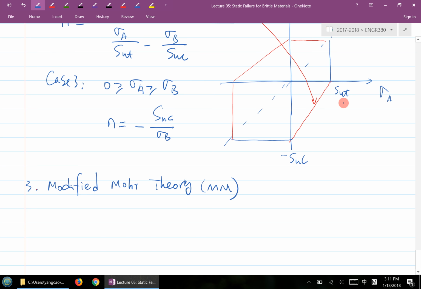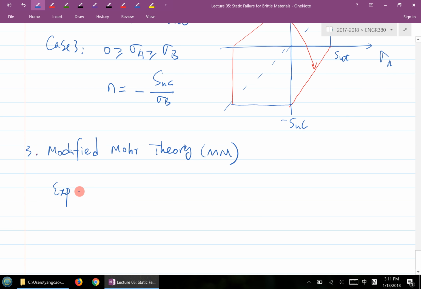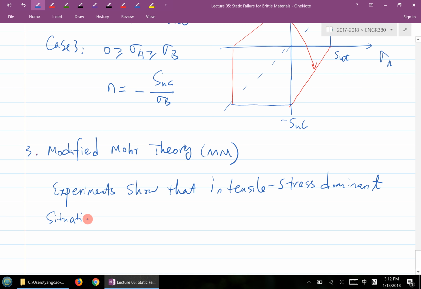When people do experiments, they notice that in the fourth quadrant, in this quadrant here, experiments show that in tensile stress dominant situations, failure is due to tensile stress only. Okay, failure is due to the tensile stress only.